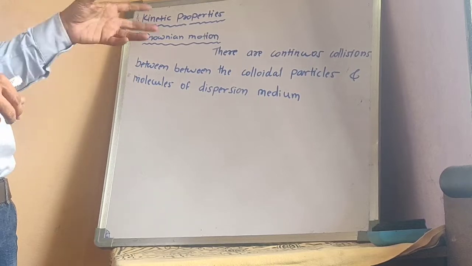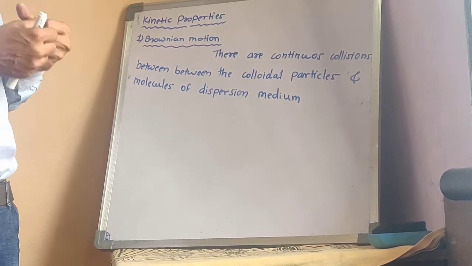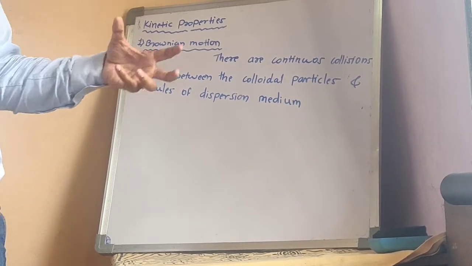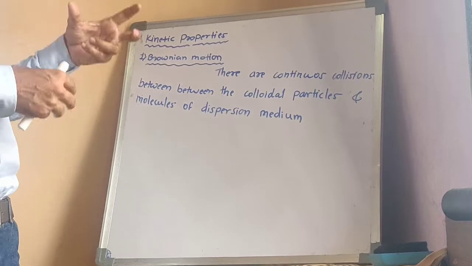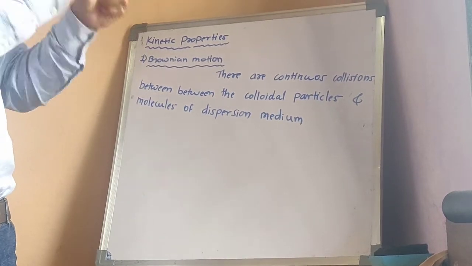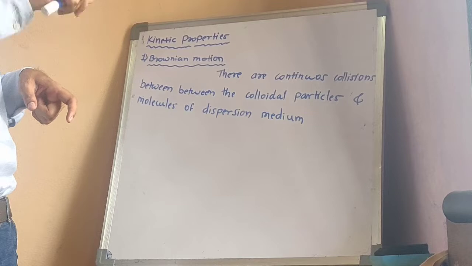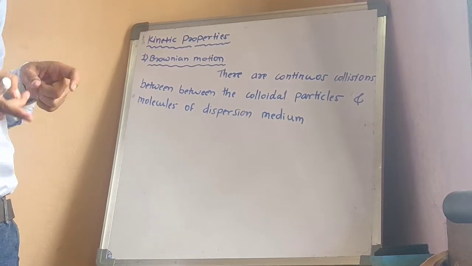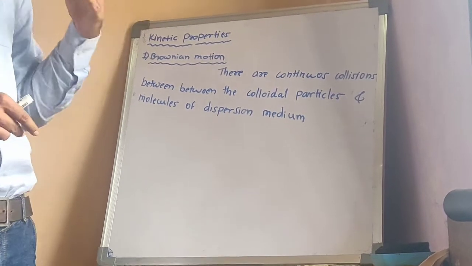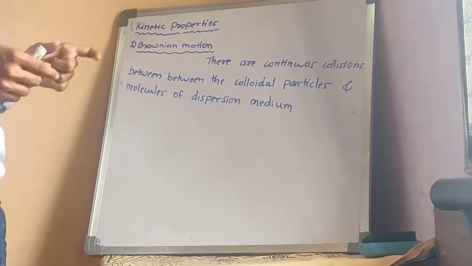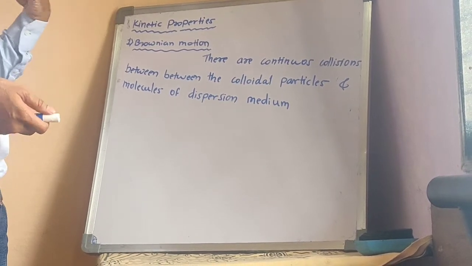What is Brownian motion? There is continuous collision between a dispersed phase and the continuous phase. The dispersed particles are surrounded by the dispersion or continuous phase and continuously hit by the surrounding liquid molecules.